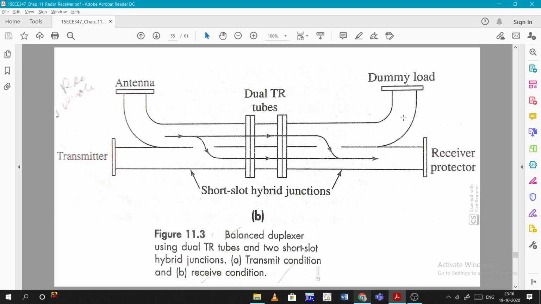The dummy load, due to its high impedance, reflects the signal in the downward direction, and it is combined again and sent over here. This is the receiver, and this is the transmitter. So when something is transmitted, it won't go to the receiver, and when something comes from the antenna towards the receiver, it won't go to the transmitter. This is how it works.